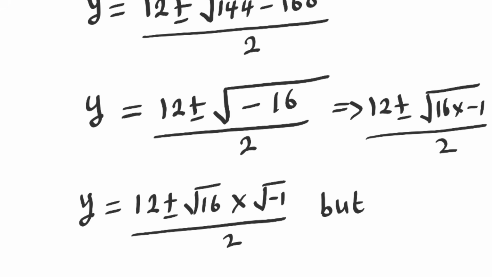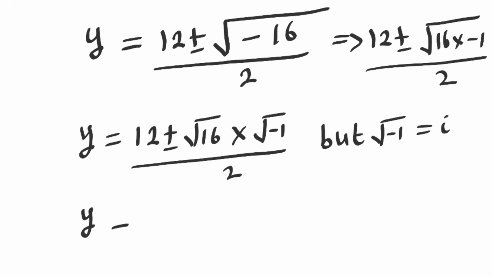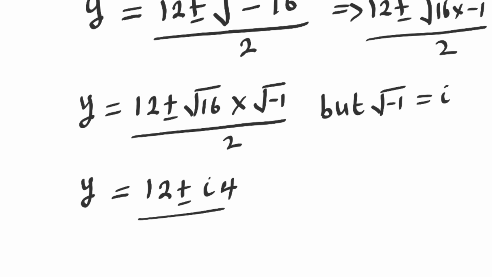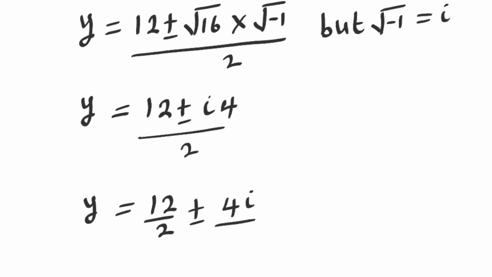But square root of minus 1 is equal to i. y is equal to 12 plus or minus i, square root of 16 is 4, divided by 2. y is equal to 12 divided by 2 plus or minus 4i divided by 2. 2 here 1, 2 here 6, 2 here 1, 2 here 2.